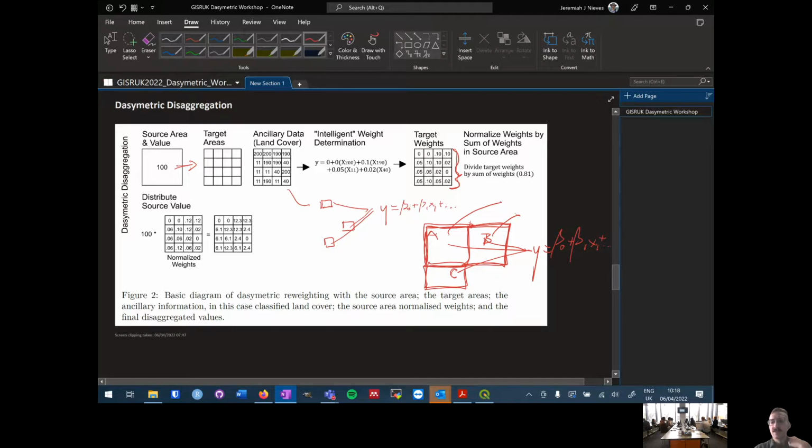And same with C. So A, B, and C are all using the same model that's trained on all of the units you have, all the source units, but they are being relatively distributed within their own bounds. And this is what gives you the volume preserving quality, meaning that once we distribute the population count of 100 here in this example to the individual pixels, they will still add back up to 100 later.